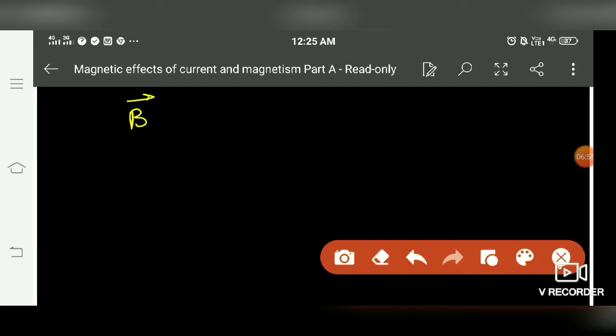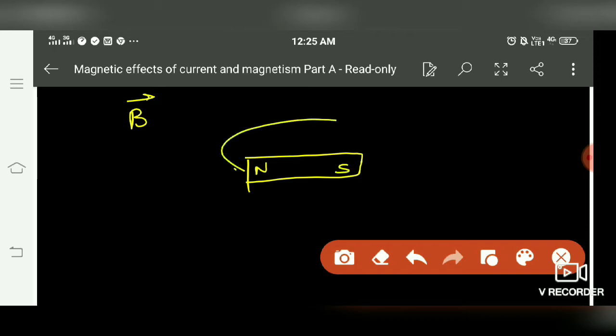Now next is magnetic field lines. If this is a magnet, we know that for a magnet there is a north pole and a south pole, and it has some field around it. Magnetic field lines originate from north and end at south, but these are closed loops.